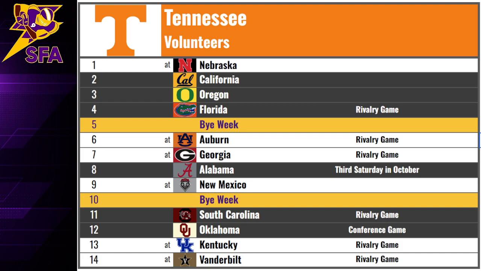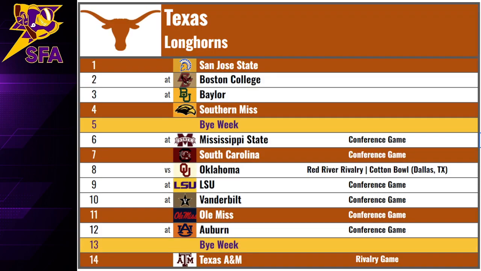And Tennessee and Coach Nick, you got Nebraska on the road week 1. Got California at home, Oregon at home, and then New Mexico week 9. Now we got B-Dog, we got San Jose State, Boston College, Baylor, and Southern Miss. And then remember, Red River is neutral site, and A&M to end the season, week 14.